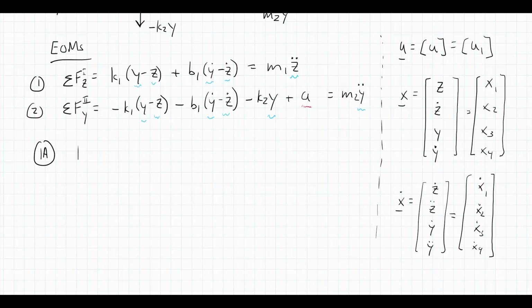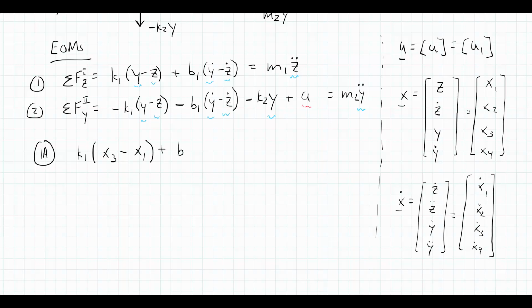So equation 1 I'm going to rewrite now as 1a and replace with state variables all of the original named variables. So I have k1 times y minus z. If I look here, y, the only thing that can be referred to as y is x3. Right? I have no other choices. Minus z, which only appears as x1.